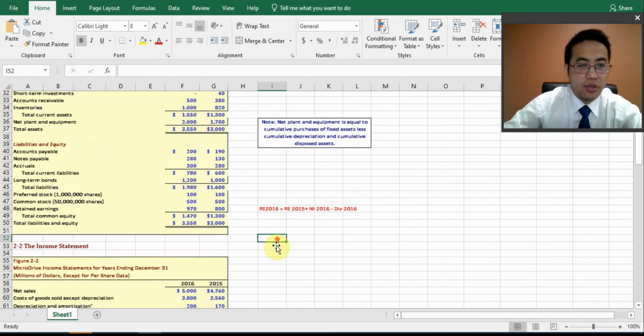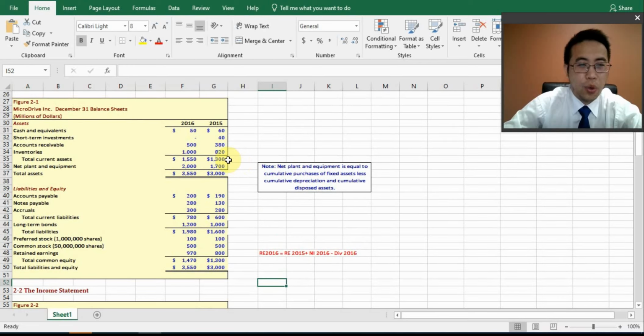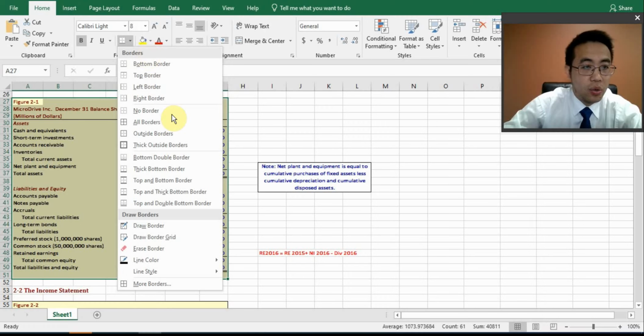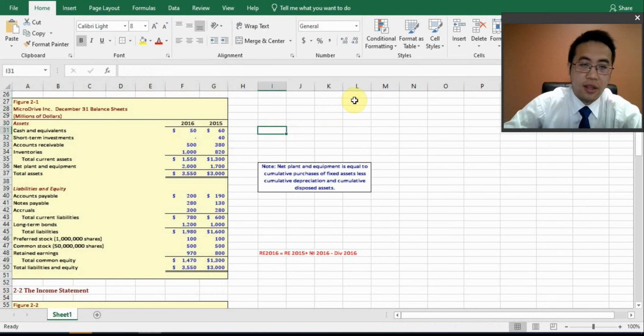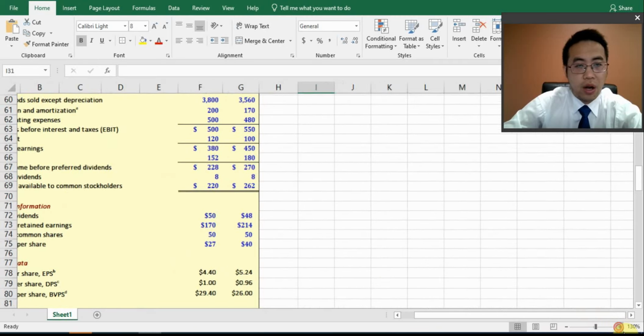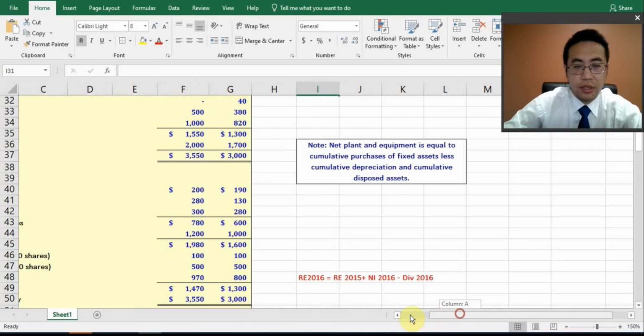As you can see, when I drag it, some of the border got eliminated, but don't worry about it. I can just select the whole thing and then do the outside borders, and then it gets the original format back. All right, so now let's work on the income statement.